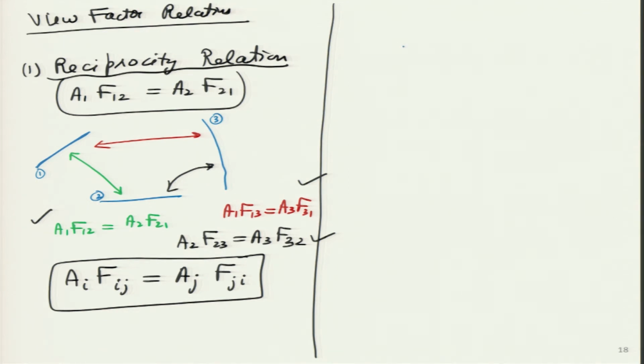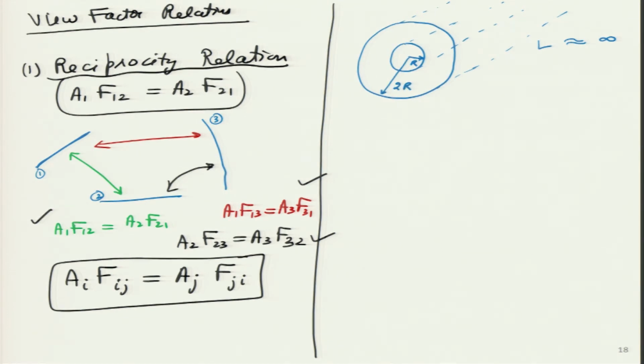One very interesting example is a very long pipe inside another very long pipe. The pipe is so long that it is almost infinitely long. I am not going to draw that. So, the length is L, very close to infinity, and the inner radius is capital R, the outer radius is twice capital R. So, the radii differ by 1:2.